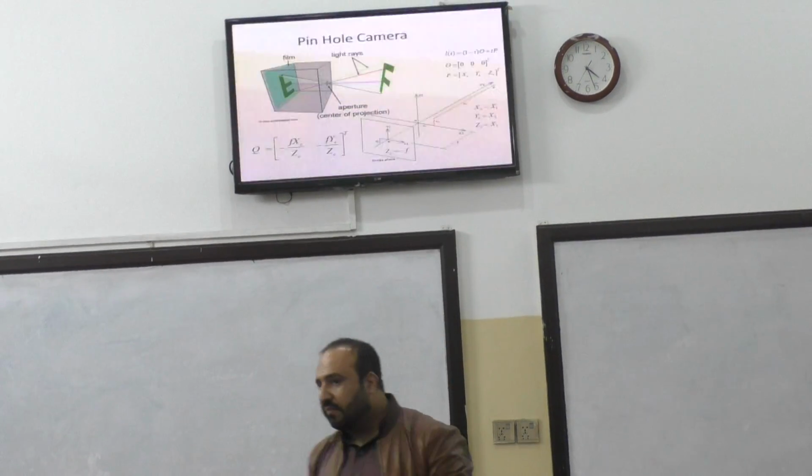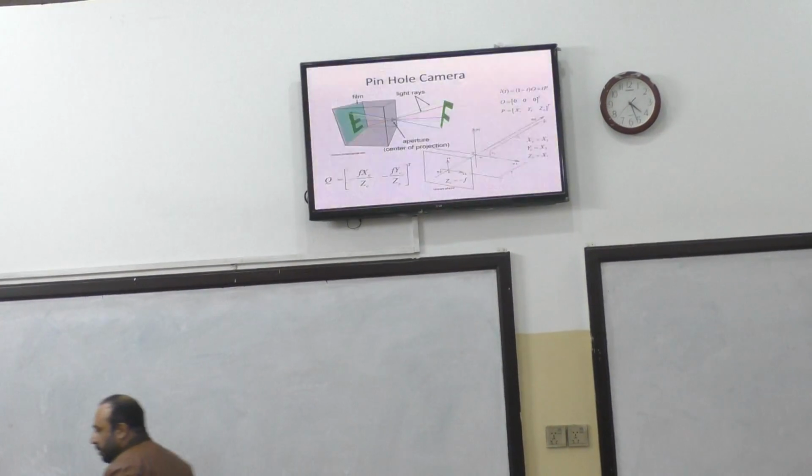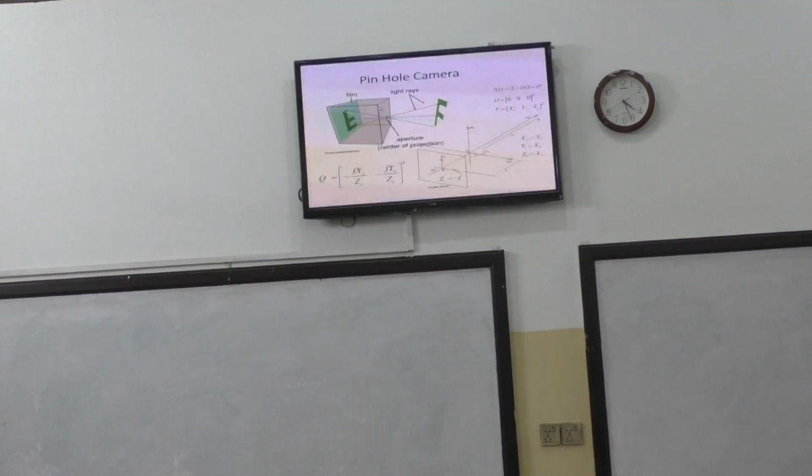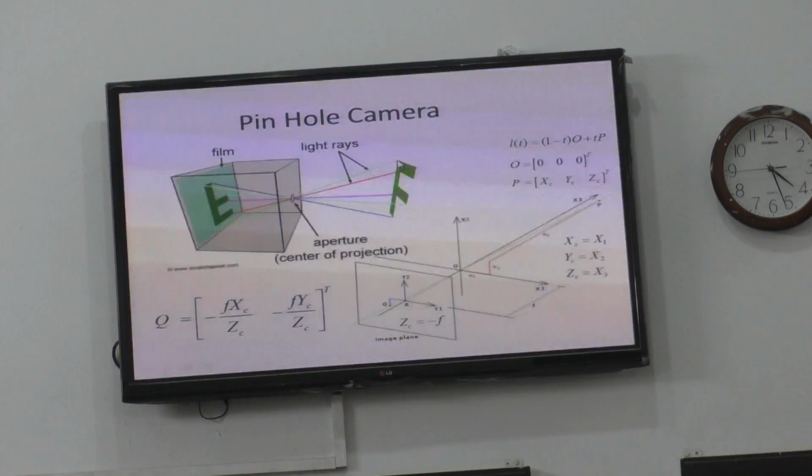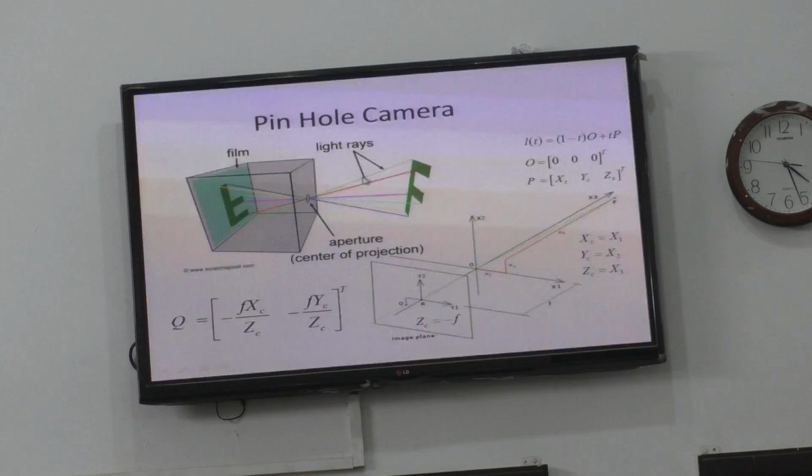Make sense? So I'm assuming here, for example, these points, they emit rays. For example, this point is emitting a ray, light ray.